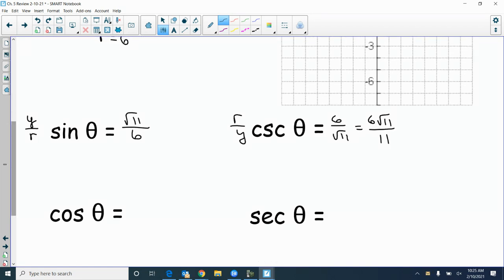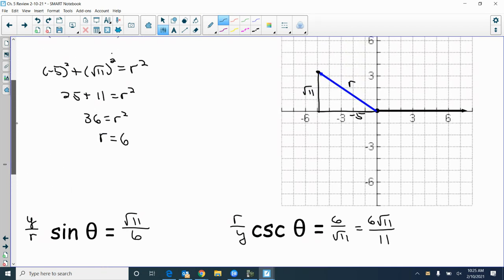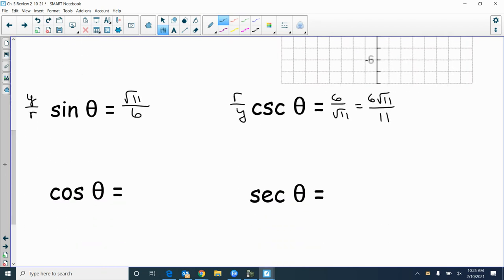Cosine is x over r. What's my x in this case? It's -5, so it's -5 over 6. And r over x would be -6/5. And then you got your tangent and your cotangent. Make sure you know that you're using signs as well.